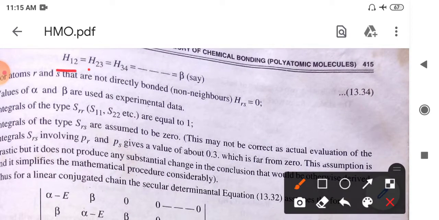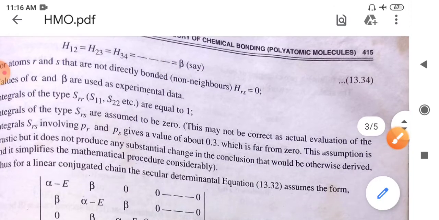So H12 or H23 or H34, where 1, 2, 3, 4 are the directly bonded or adjacent carbon atoms, we assume the value of energy is beta. For the rest of the equations in which these carbon atoms are not adjacent or directly bonded, we call them non-neighbors, and this integral is simply equal to 0.